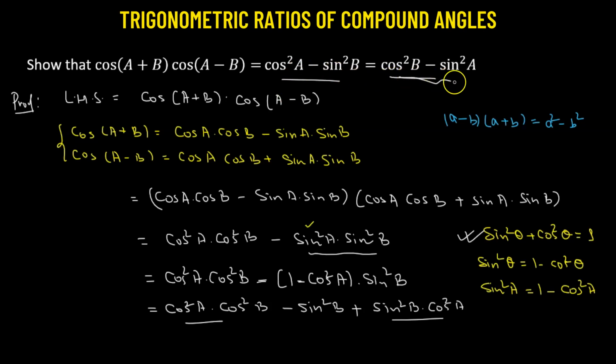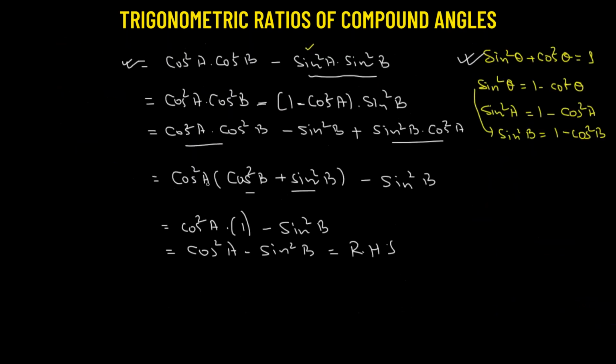Now, in order to show that this is also equivalent to cosine squared b minus sine squared a, next we'll start from this particular step. Earlier, in the previous step, we replaced sine squared a with 1 minus cosine squared a. This time we'll keep sine squared a fixed, but we are going to replace sine squared b with 1 minus cosine squared b. So let's write it down. We can use the same idea here: sine squared b equals 1 minus cosine squared b.